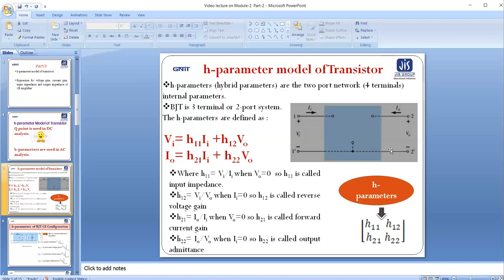Now, in analysis of a two-port network, the useful model is the H parameter model. And in this case, the most important thing to be noted is that this H parameter model is also called a small signal model.